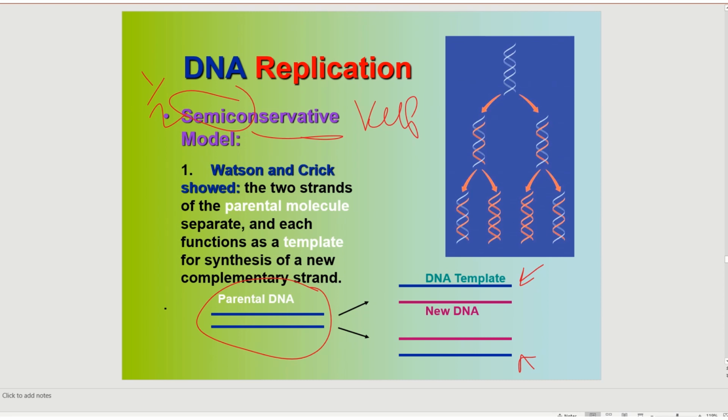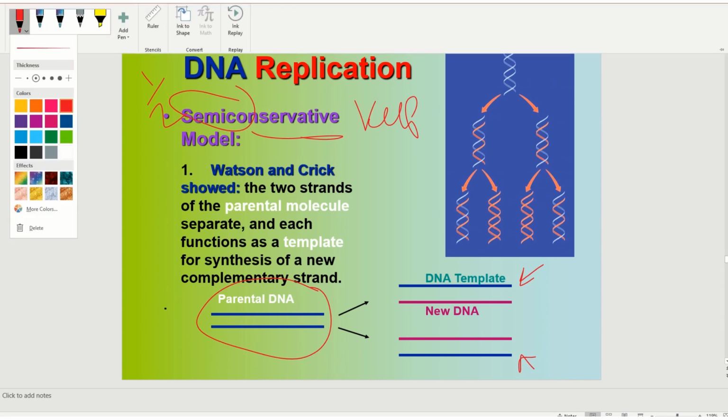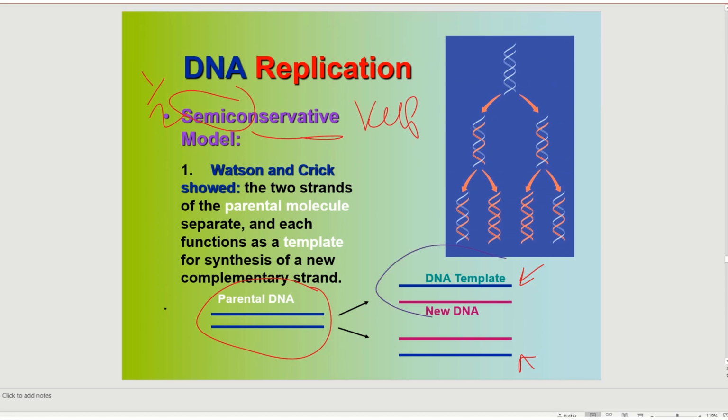So when you make DNA, are you making two new DNAs? No. You're making one new and one old, and one new and one old, or original, right? These parent ones are the original ones, the first ones. And you keep going. So from here, you came with an old one here, and then you made a new one. And then the same thing. You keep an old one and you make new ones, and they keep going.